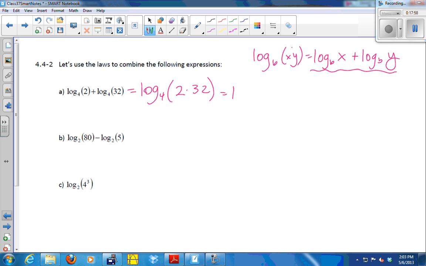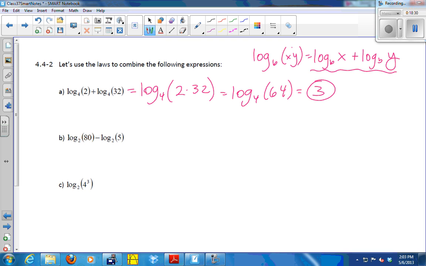So this is going to be log base 4 of 64, which is what? What do you raise 4 to make 64? 4 times 4, yeah, 3, I think. So for log base 2 of 80 minus log base 2 of 5, I'm being given a subtraction of 2 logs that have the same base.